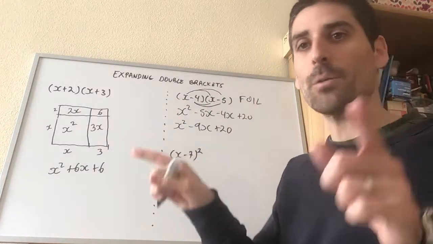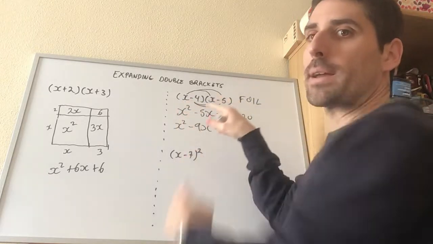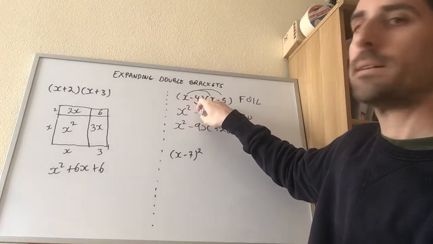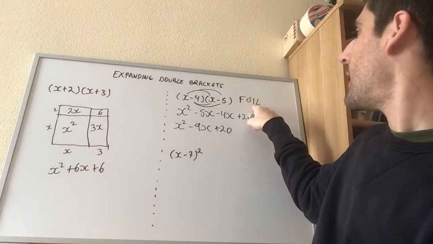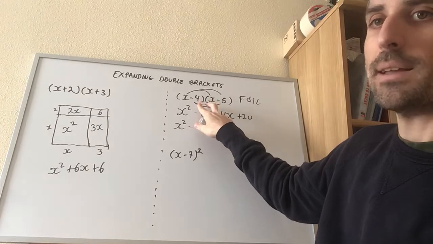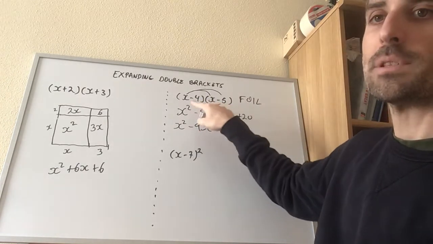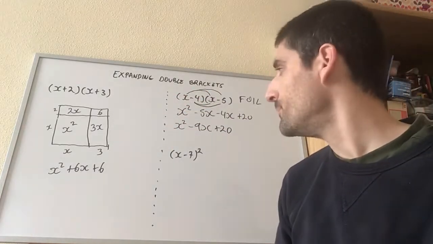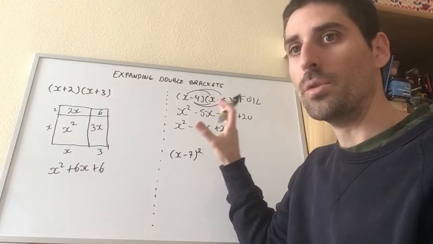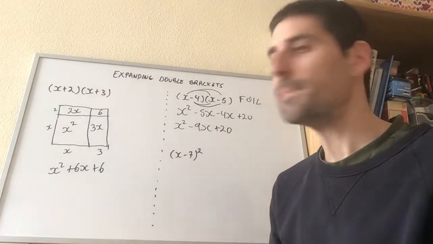O means outer, you multiply the outer terms of each bracket, so the x and the minus 5. I for inner, you multiply the two terms that are inside the bracket, and L for the last two terms of each bracket. So that's typically what I expect you to do in the exam and be doing going forward.